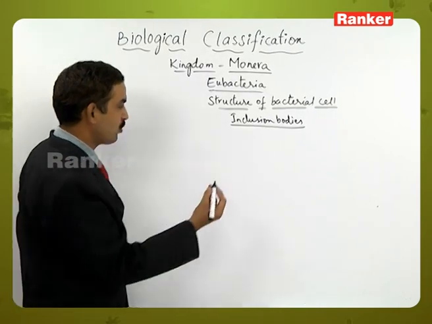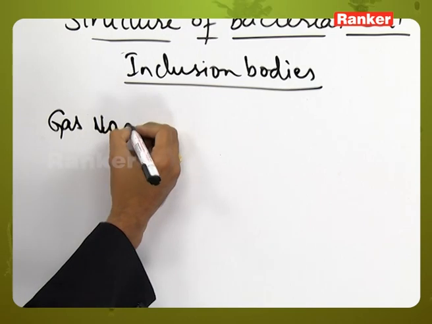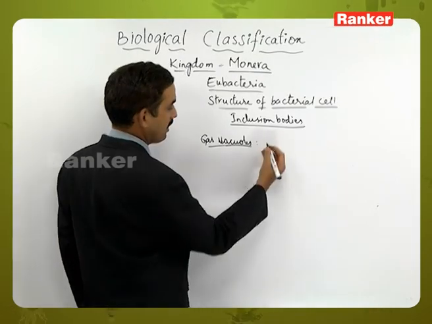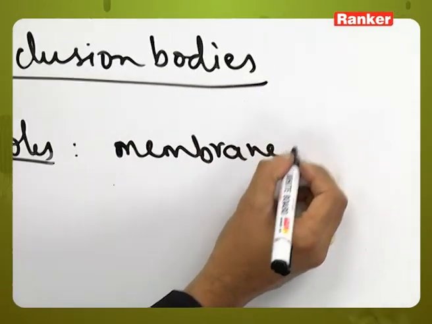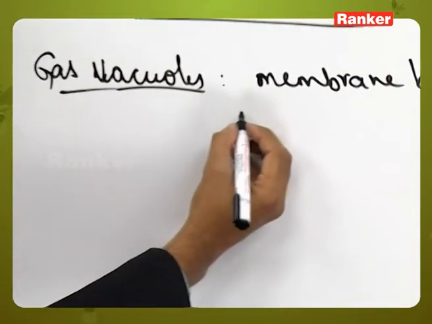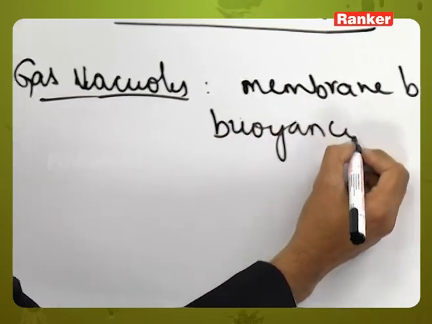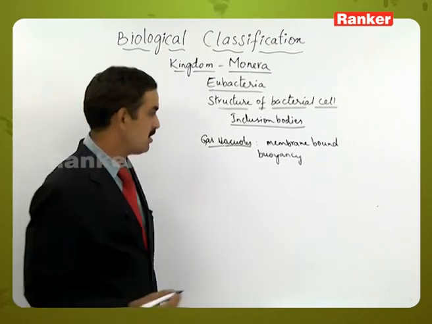Apart from these, some of them will have gas vacuoles. These gas vacuoles are membrane bound, and they are concerned with buoyancy, that is the ability to float on the surface of the waters.